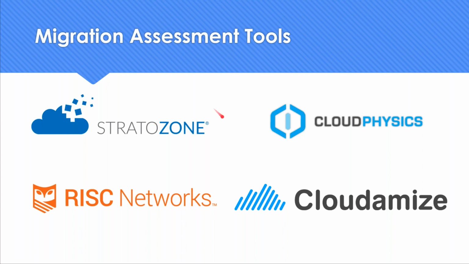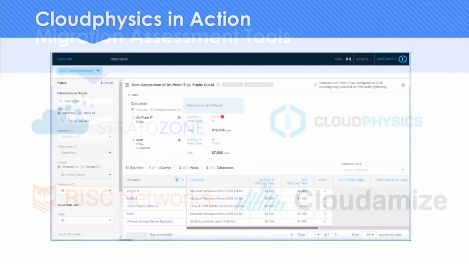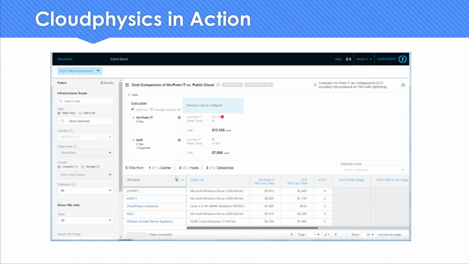How does a report look? I have a screenshot of Cloud Physics, which I got from a LinkedIn post. The person had posted it. Cloud Physics ran a report on an on-premise system, and it captured that there are 5 virtual machines running.